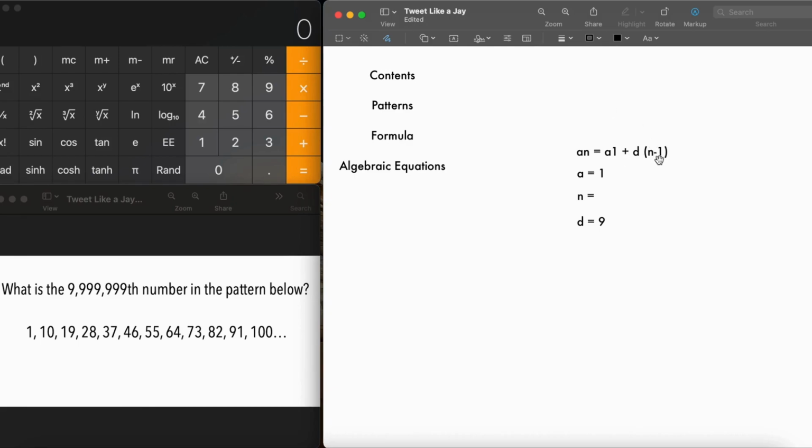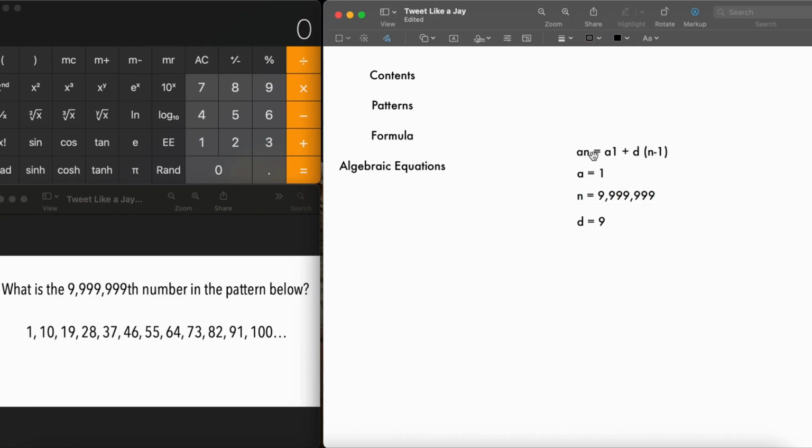Now, what's N? N is basically the number it's asking for in the question, so N is 9,999,999. Such a big number. Yes, we got it. So, what do we do here?